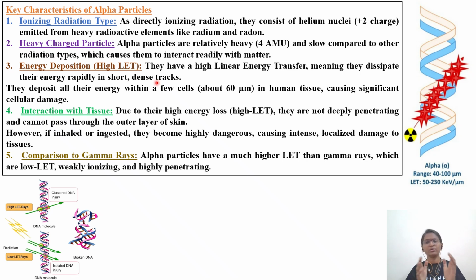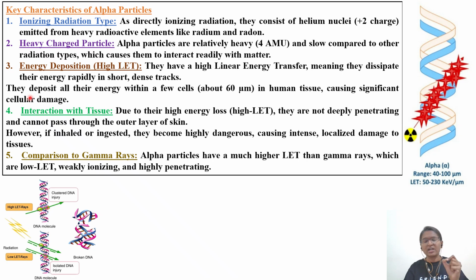So always you have to do this comparison. Coming to linear energy transfer, these alpha particles have high linear energy transfer, meaning they will immediately lose their energy. They dissipate whatever energy is there in the helium nucleus rapidly in short, dense tracks.